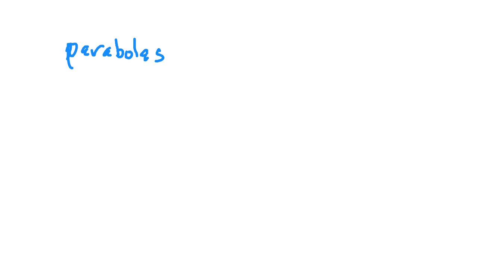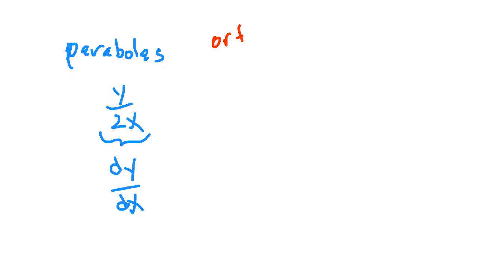For the parabolas, you have dy dx equals y over 2x. And then you have your orthogonal trajectories.